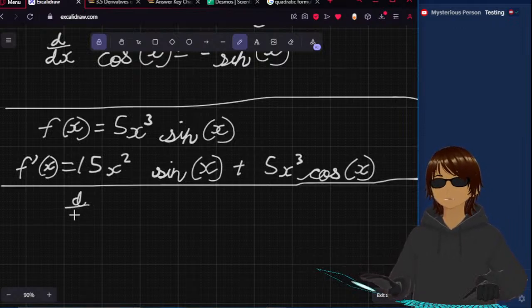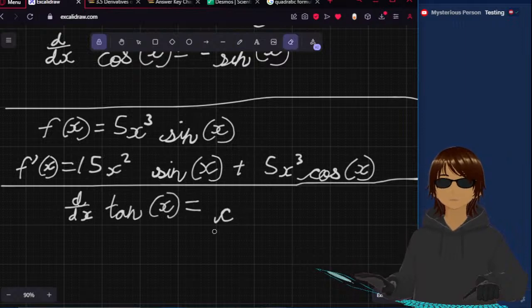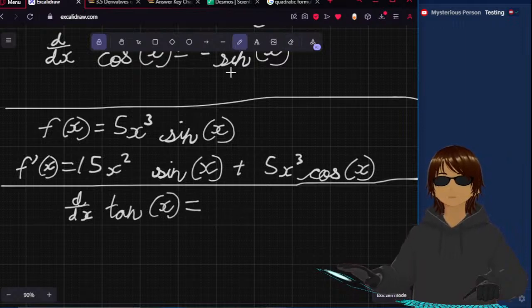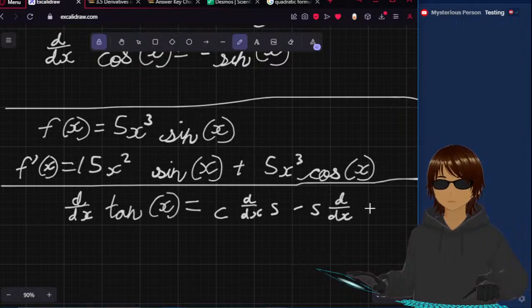So tan theta is sine over cos. So low d high, I'll just write it: low d high minus high d low upon bottom squared.